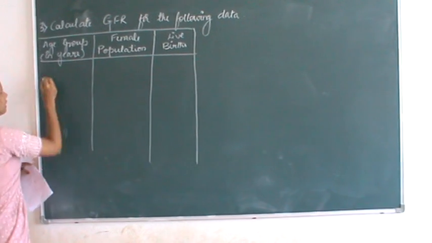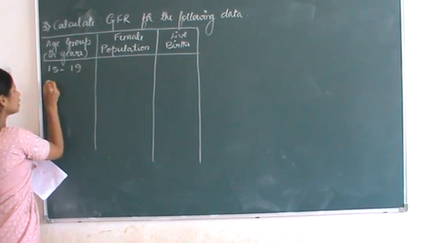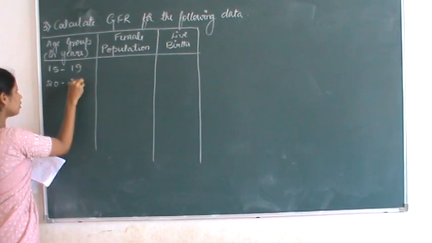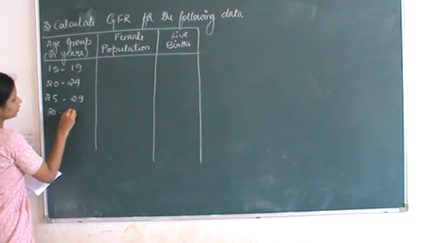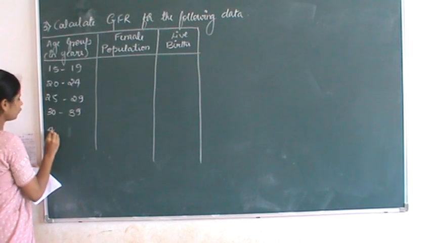The age groups given are 15 to 19, 20 to 24, 25 to 29, 30 to 39, 40 to 49.